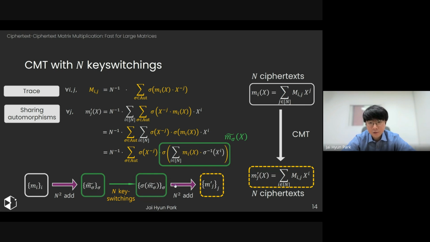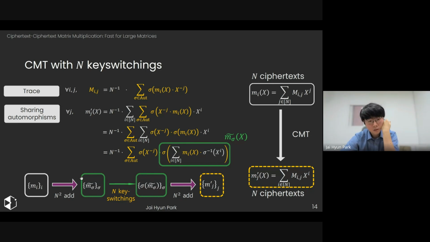And to obtain this MJ prime, all we have to do is multiply by some monomial and do just additions. So that means we can complete the CMT task by using O(n) square additions and n key switchings. So compared to the n square key switchings, we only need n key switchings, so this is good.